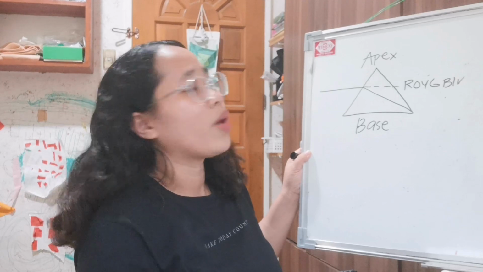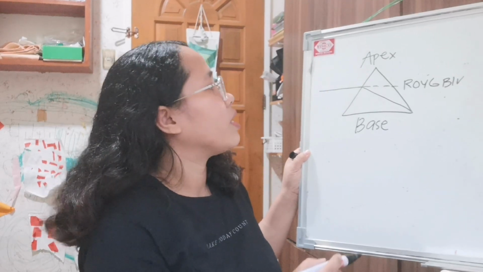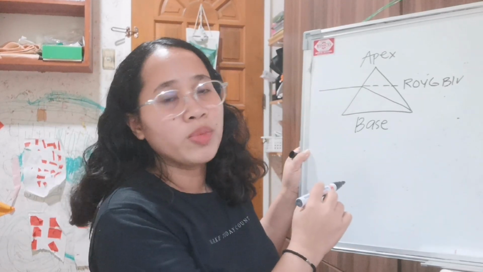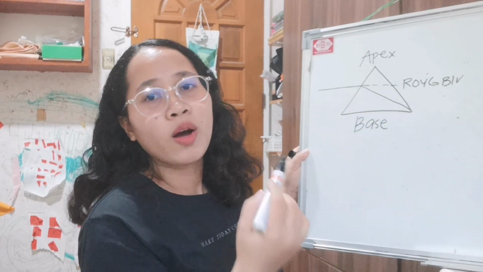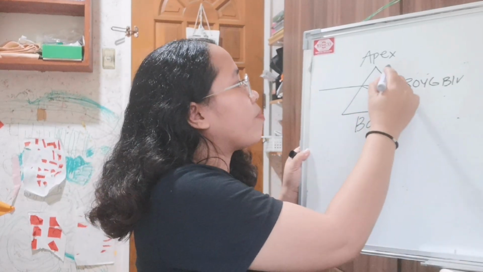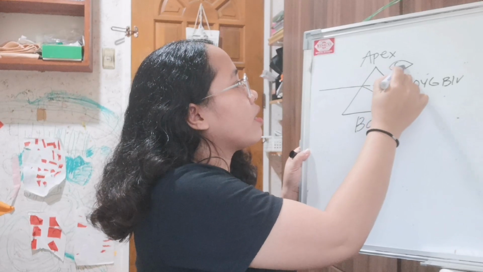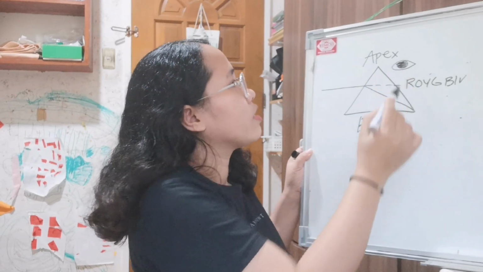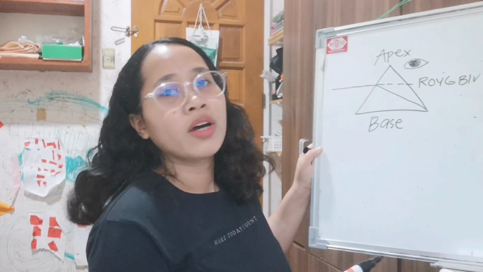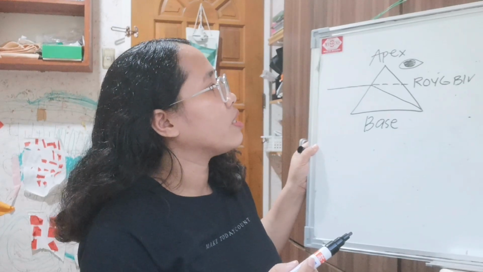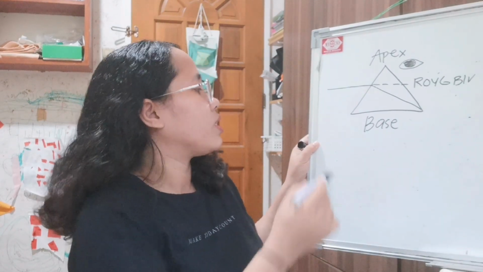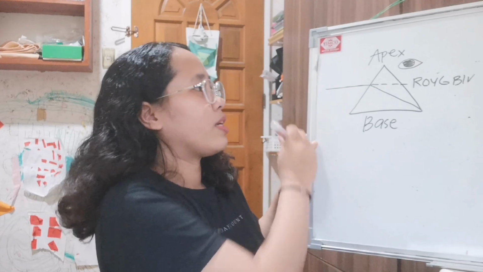The last optical property is that the image of the object will be seen at the apex, as well as the eye. Those are the physical properties and the optical properties of a prism.